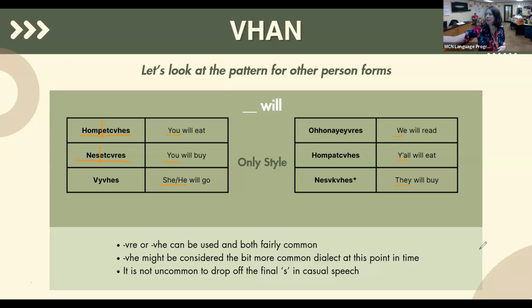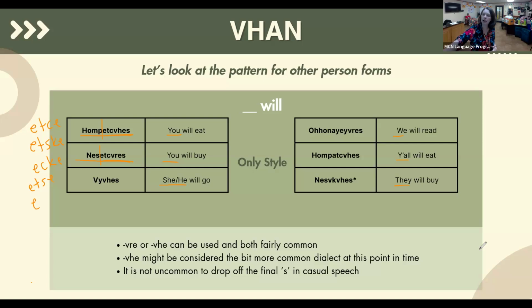It is itjahis. And remember, the you form has a lot of different dialect options. So there's itchy, you have itski, itchki, itsy, I think one more, oh, itchy. These are dialectal options when it comes to the you form of the verbs.